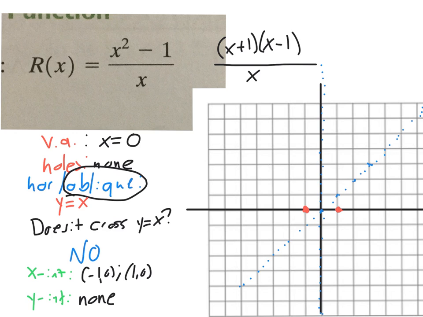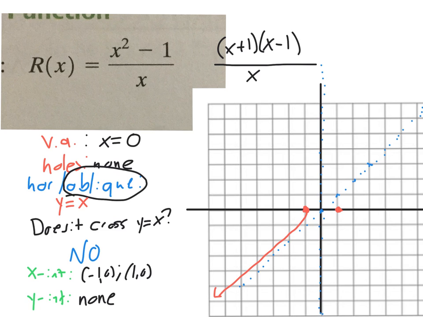Do I know what happens left of the vertical asymptote? Yes, I do. Because I know it has to go through this point, and I know it cannot cross this oblique asymptote. So I know as I go left, I'm just going to stay right above that asymptote the entire way. So going in this direction, we're going to be right above that asymptote forever.